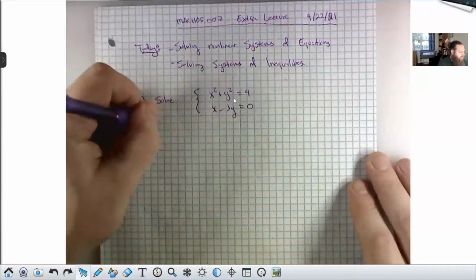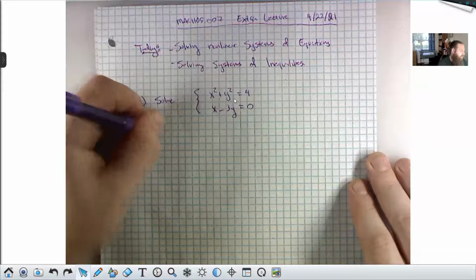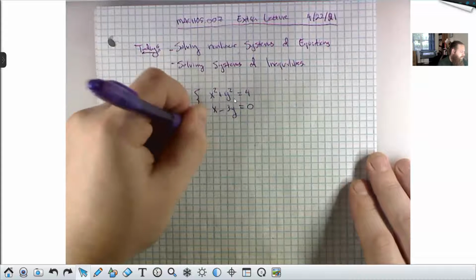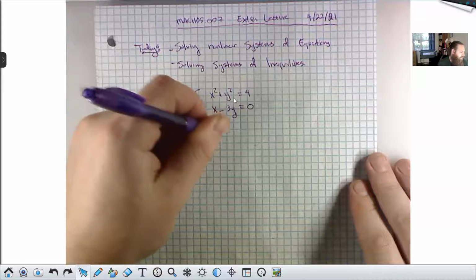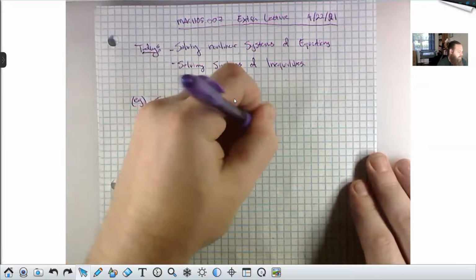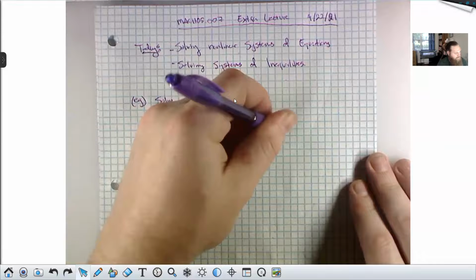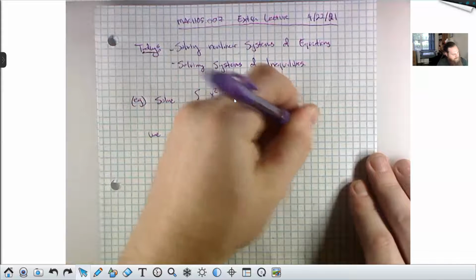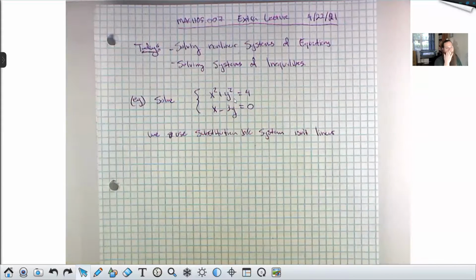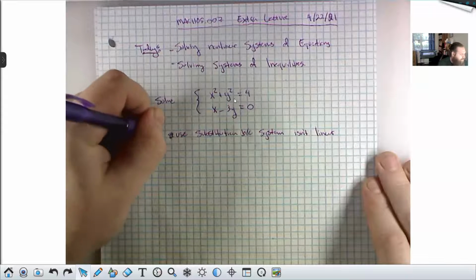So we're going to solve this using substitution, because the system isn't linear. Anytime you have a nonlinear system of equations, we're going to assume that you need to use substitution.